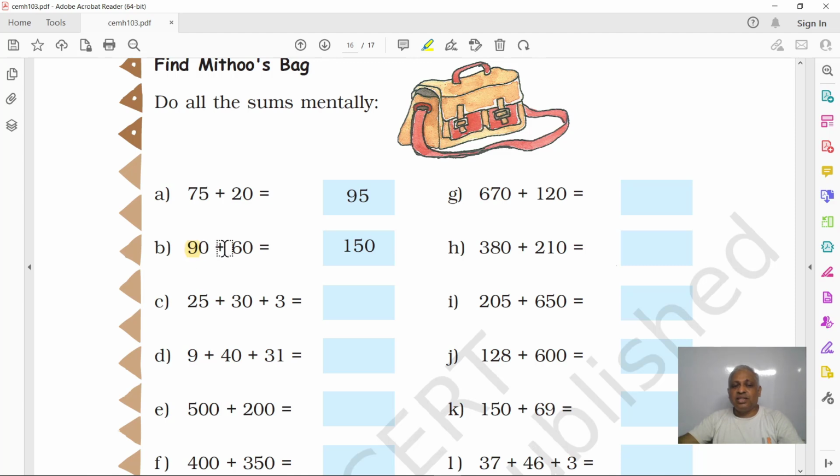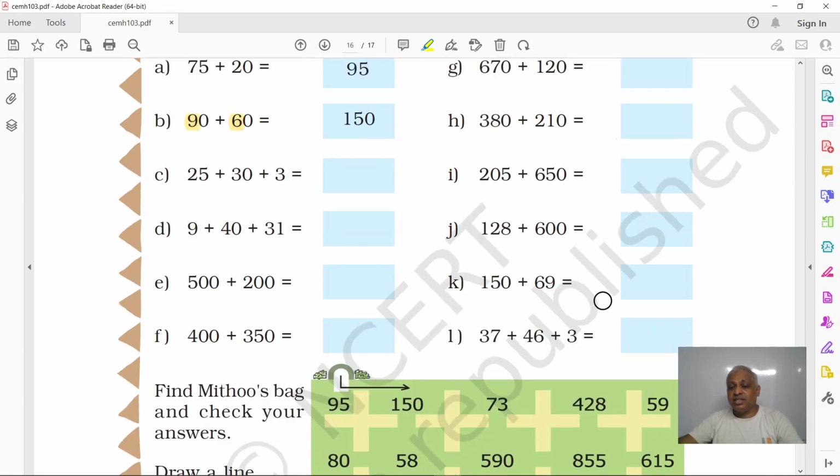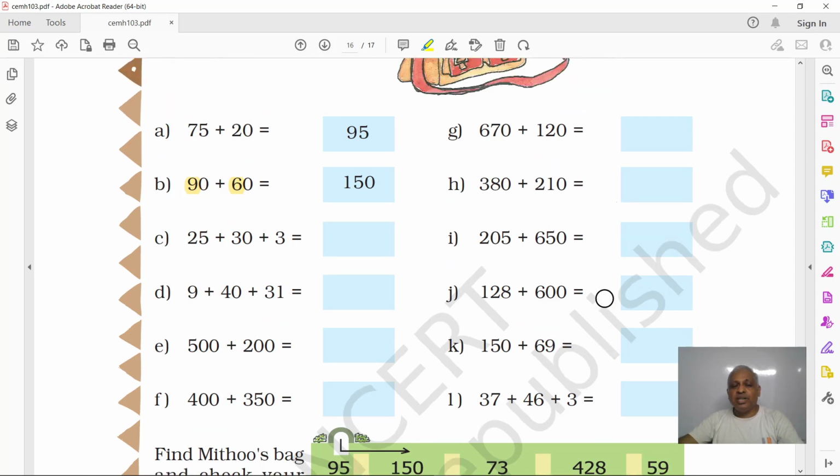Add the tens digits. 9 plus 6 is how much? 15. Add 0 on the right side, so 15, 0, 150. Right, add these other numbers as well mentally. Let us take this example, 500 plus 200. Do you need pen and paper for this?